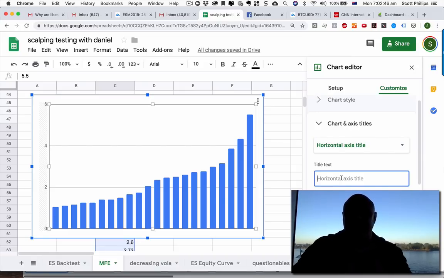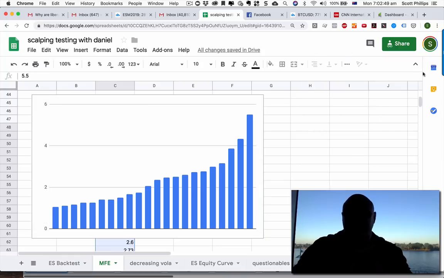Let's choose a histogram. Let's choose a better histogram. All right. And legends, chart axis titles. Horizontal axis title, don't worry about that. Okay, so this is the MFEs by winning trades.